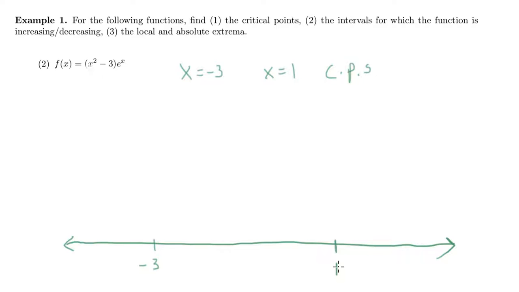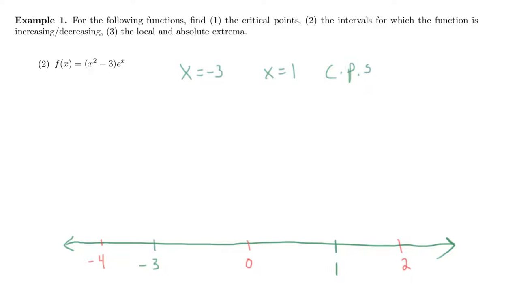Okay, so now we want to test some points. So I need to test a point to the left of negative 3. So let's just do negative 4. The easiest point between negative 3 and 1 to pick is probably 0. And then to the right of 1, let's pick 2.